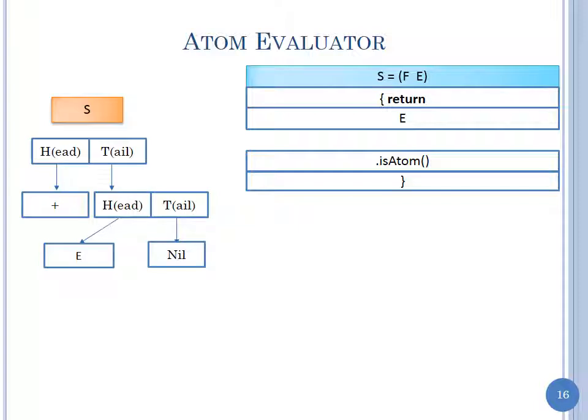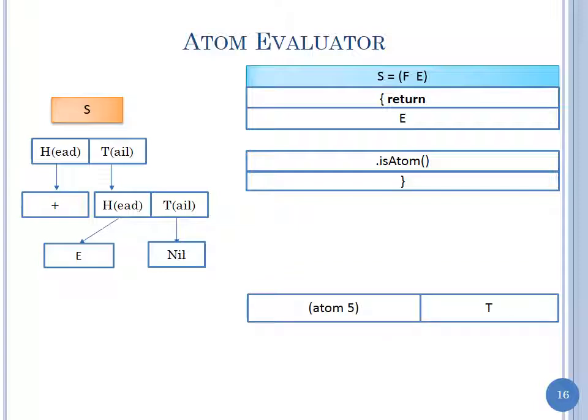If we said atom 5, that would work, right? The E is 5. When we check whether 5 is an atom or not, it'll return 5. So can we imagine a situation where we really should do an eval of E before we check whether it's an atom or not?